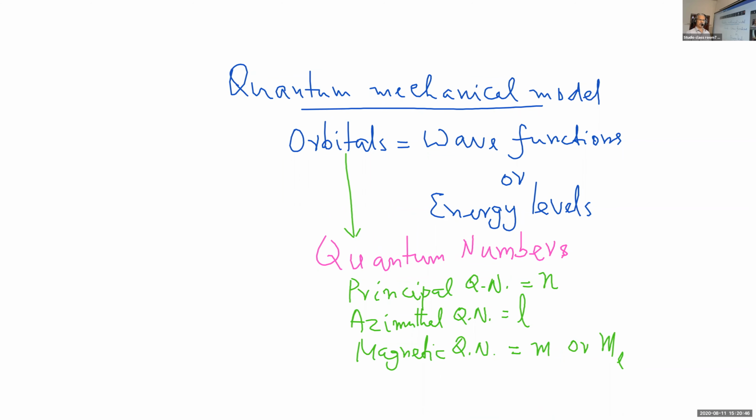So using these 3 quantum numbers, we can identify, characterize, or define an orbital. Which orbital it is, we can characterize using these 3 numbers.